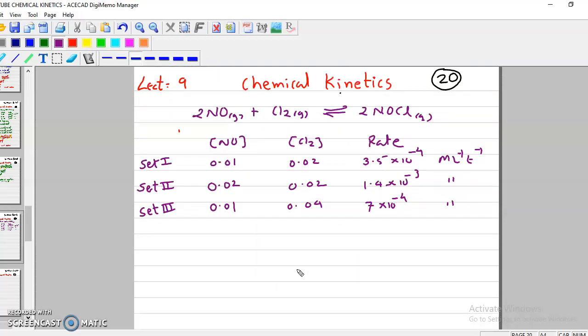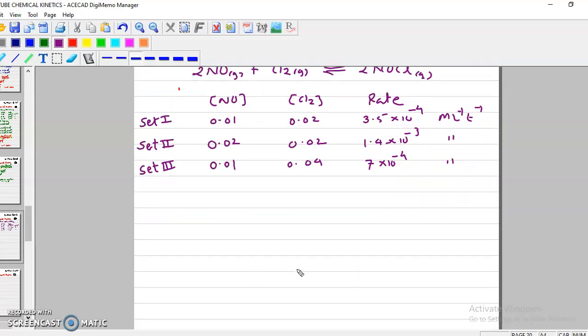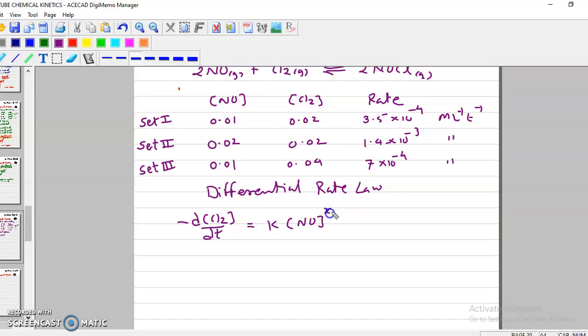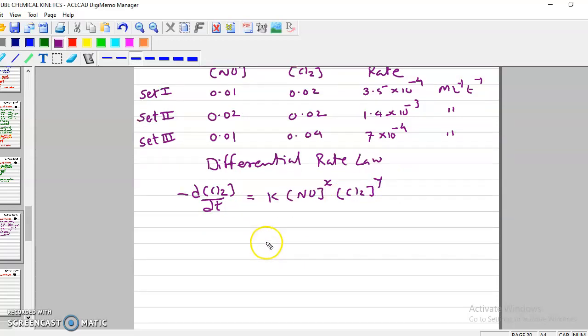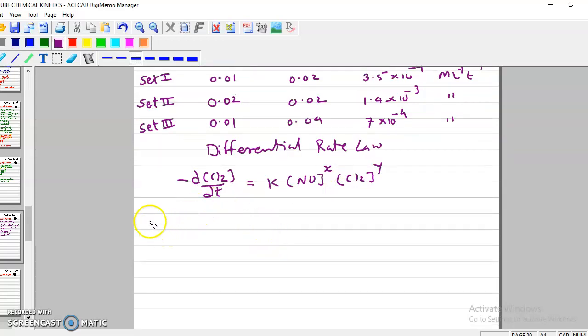So when we write the differential rate law for this reaction, we write minus d[Cl2]/dt is equal to k [NO] raised to X [Cl2] raised to Y. It is clear that X is not equal to 0, Y is not equal to 0.